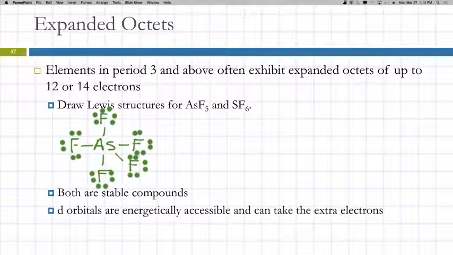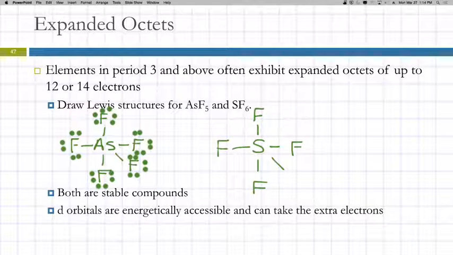Let's look at sulfur hexafluoride. So sulfur in the middle, and 6 fluorines. So there's 4. We'll stick 1 down here and stick 1 up there. 6 fluorines times 7 is 42, and then sulfur has 6, so 48.